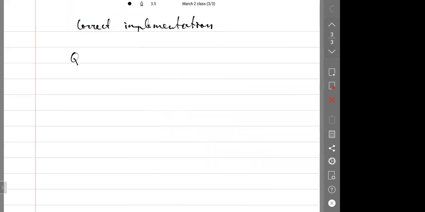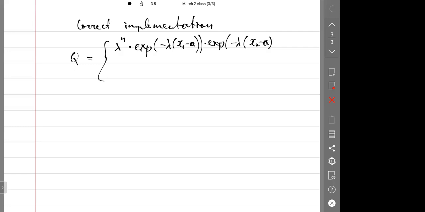If I write my function q before taking logarithms with all conditions, it will be equal to lambda to the power n times exponent of minus lambda (x1 minus a) times exponent of minus lambda (x2 minus a), and so on.